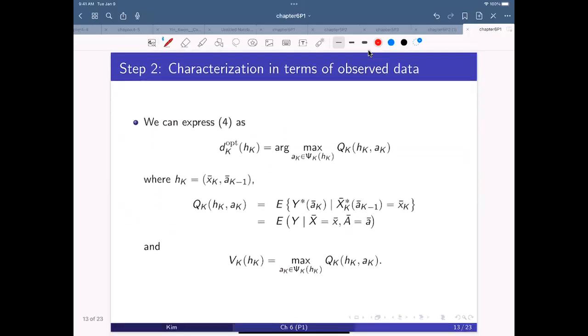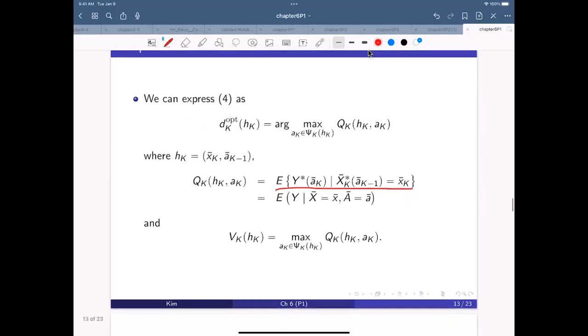The key part is how to compute this conditional expectation in terms of the potential outcomes. It turns out that you can use the observed data to compute this Q function. That is the identification part. Then use that to find the value function.